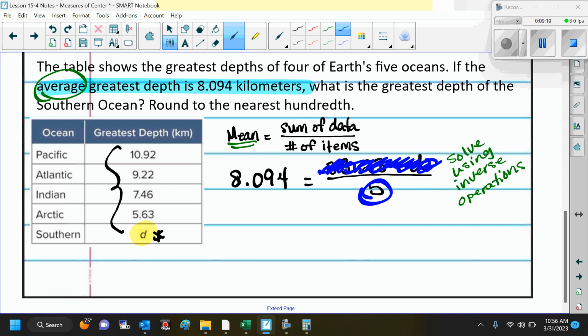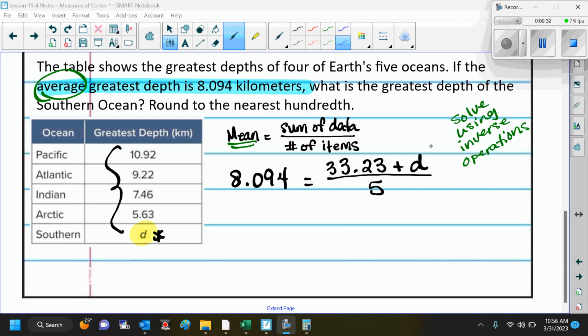Now, because this says all of this blue stuff divided by 5, how are we going to get rid of that 5? We're going to multiply, and we're going to multiply on both sides. So we multiply times 5 on this side, and we multiply times 5 on this side. So here, those 5s, this one and this one, they cancel to 1.